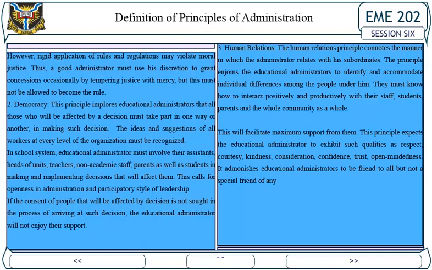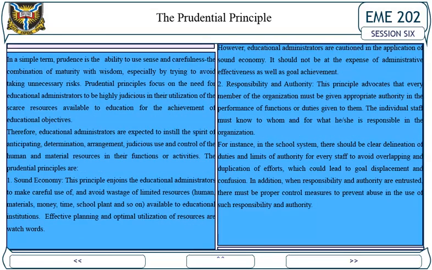3. Human relations. The human relations principle connotes the manner in which the administrator relates with his subordinates. The principle enjoins the educational administrators to identify and accommodate individual differences among the people under him. They must know how to interact positively and productively with their staff, students, parents, and the community as a whole.